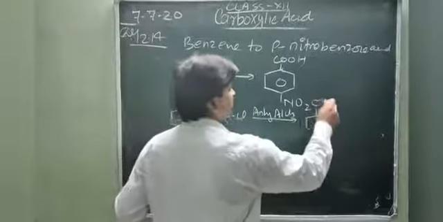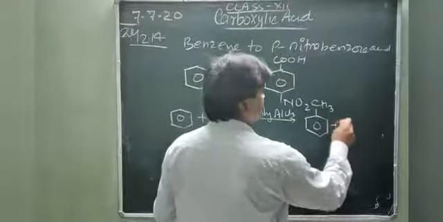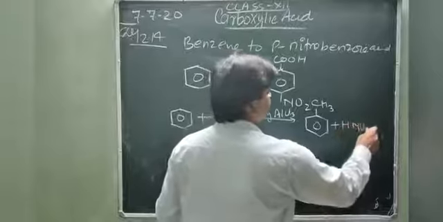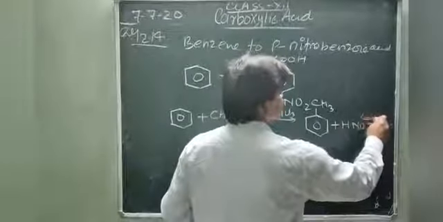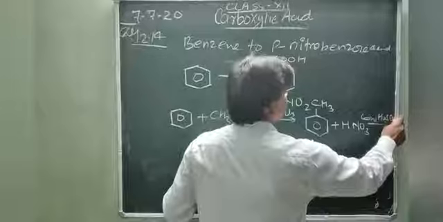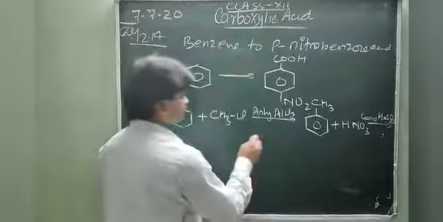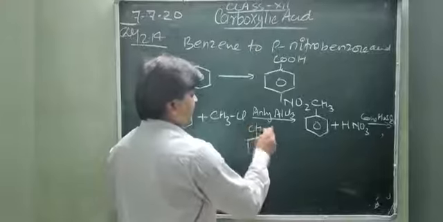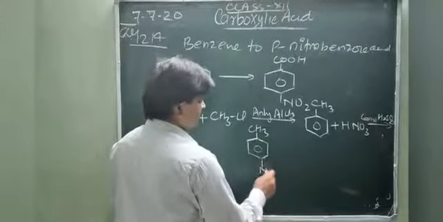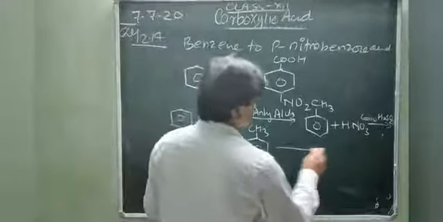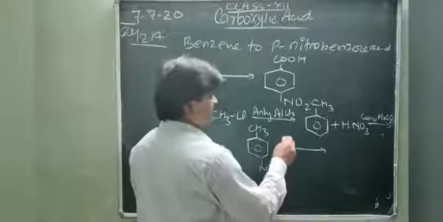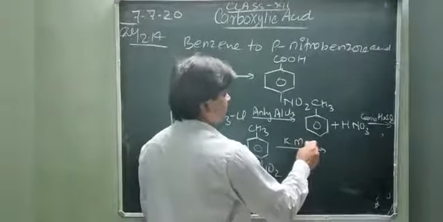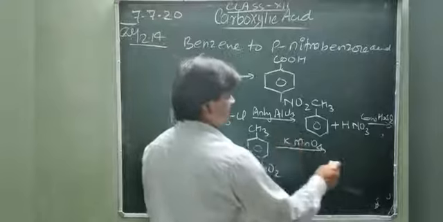Then formation of toluene takes place. Now nitration with concentrated nitric acid in presence of concentrated sulfuric acid, formation of para-nitrotoluene, and then oxidize with KMnO4 followed by hydrolysis, methyl converts into the acid.